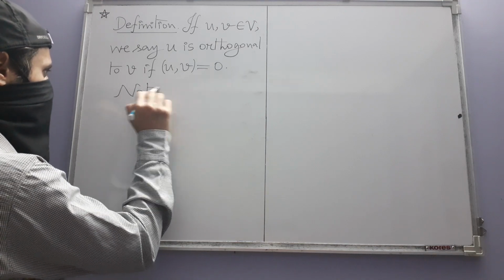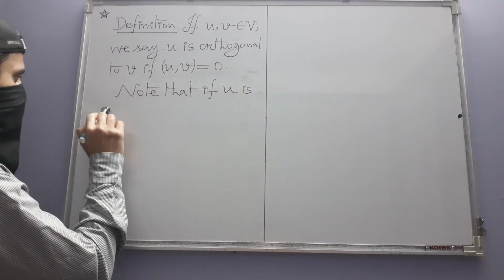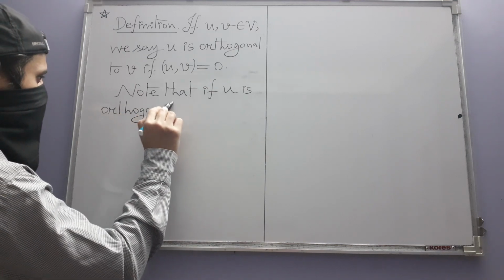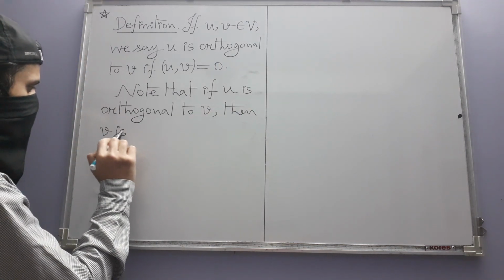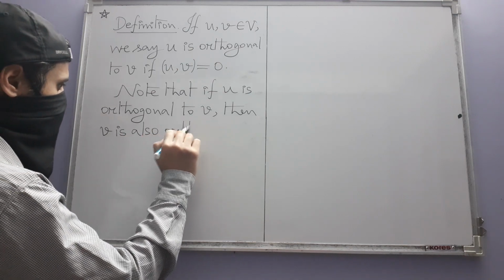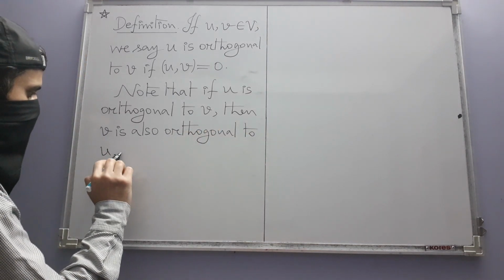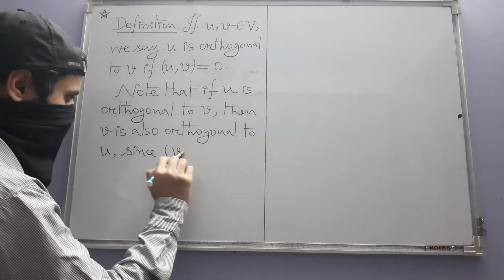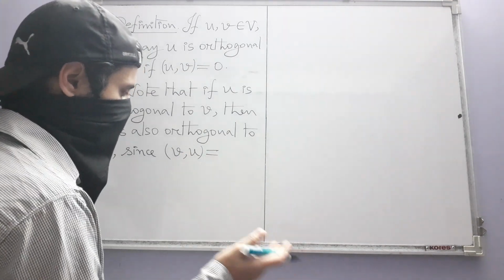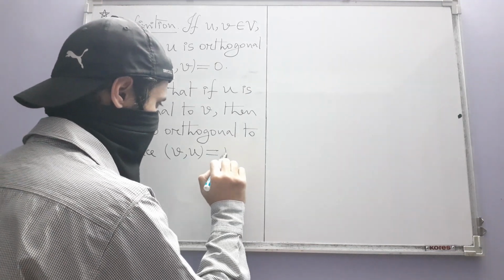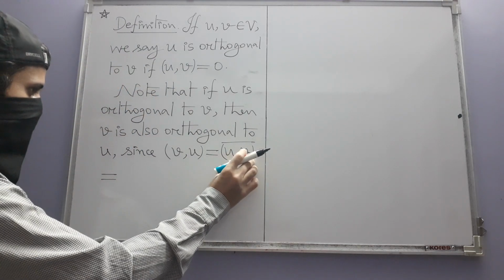Note that if U is orthogonal to V, then V is also orthogonal to U. Since the inner product of V and U, which by one of the rules, one of the axioms for inner products, is equal to the complex conjugate of the inner product of U and V, must be 0, because this is 0.